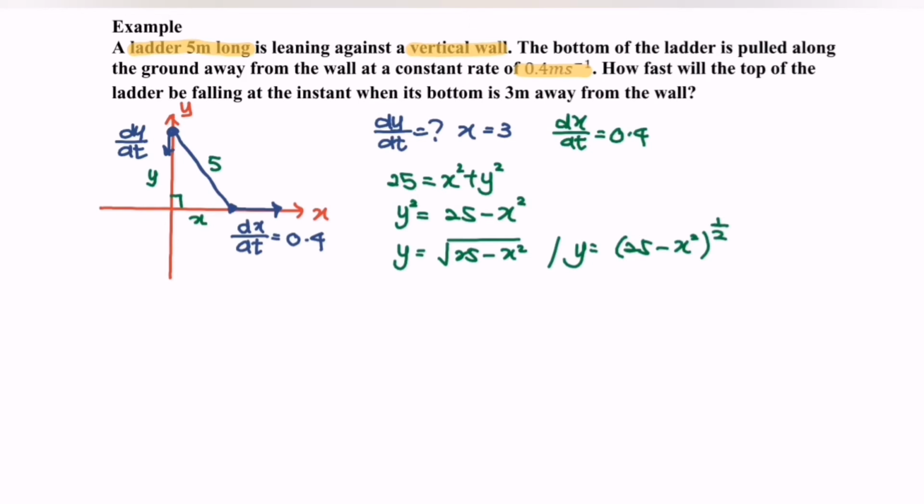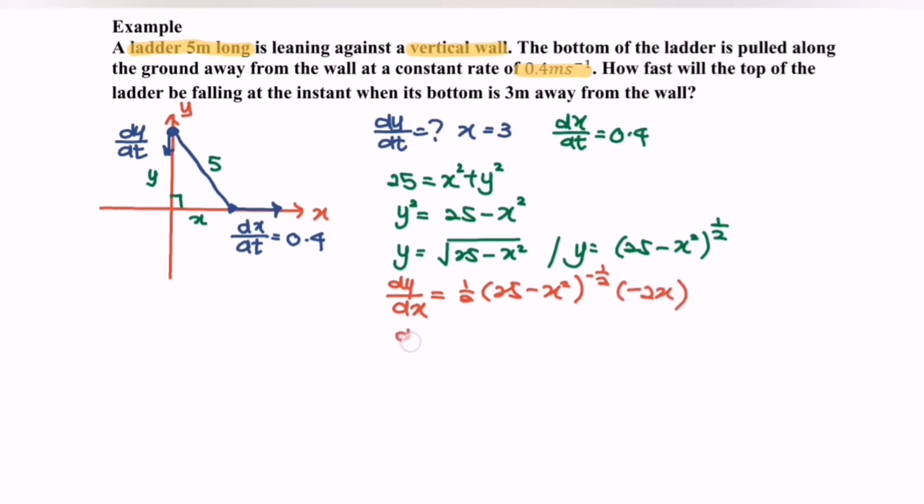Next, what we have to do is to differentiate the situation with respect to x. So we will have dy/dx is equals to 1/2 (25 minus x squared) to the power of negative 1/2. Differentiate the internal function and we will have negative 2x.